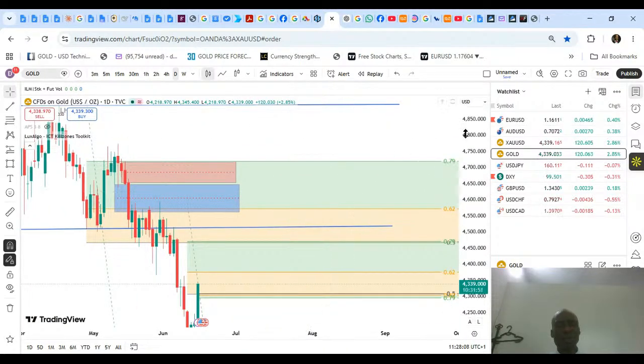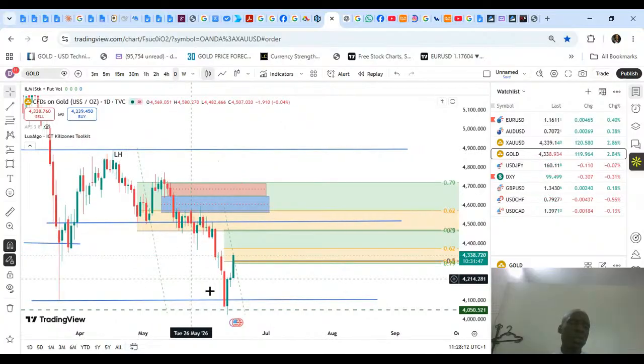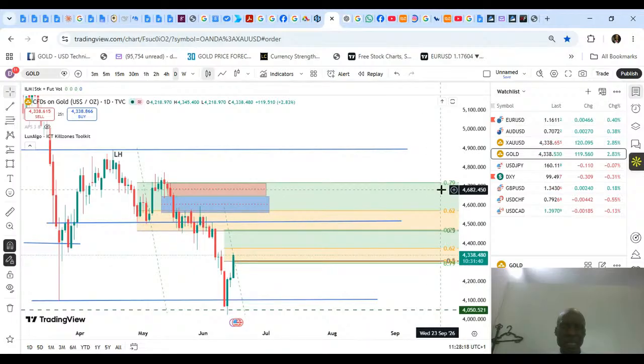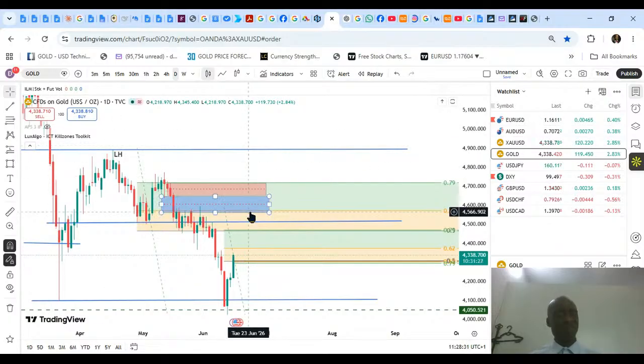Now, in that premium zone, we have to use the Fibonacci tool to be able to mark out the 62% and 79% areas. These are areas we call the optimum trade entry zones, which means based on the daily time frame, we're expecting the market to come to this zone where we can begin to take our trades.